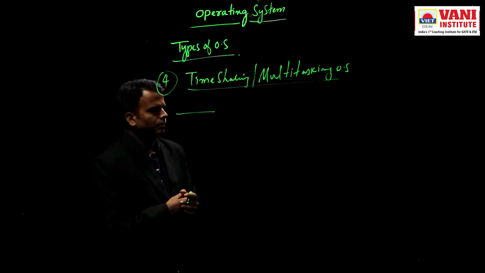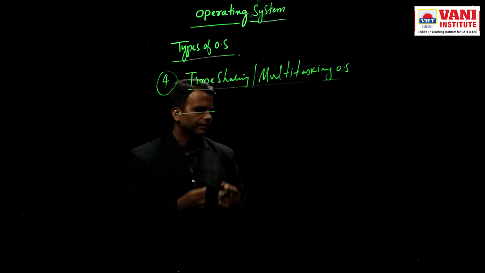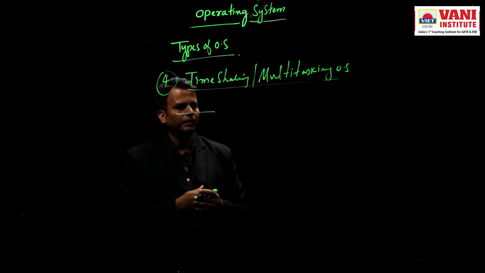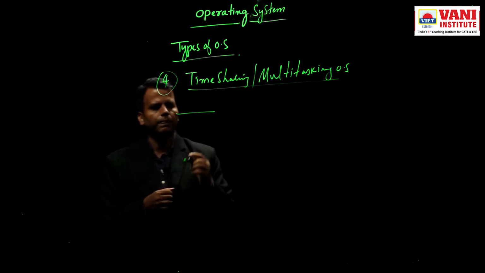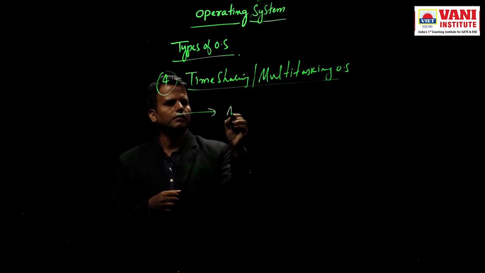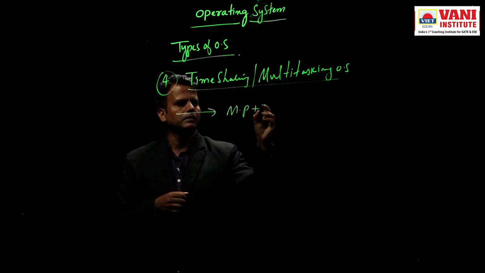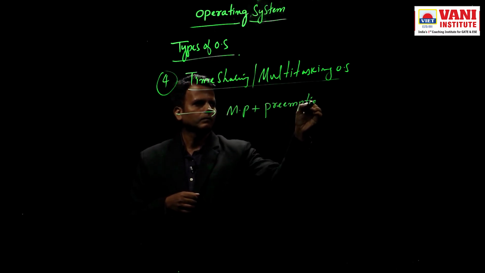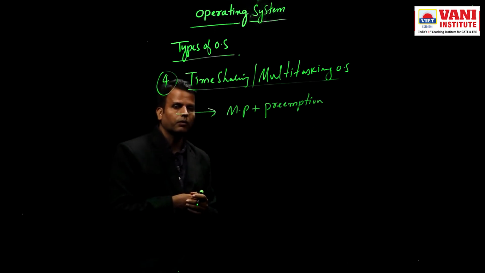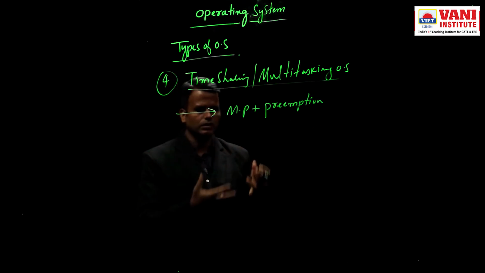The concept is the same, but what is the change in this? The time sharing operating system is an extension of the multi-programming operating system. The first thing, it is multi-programming plus preemption. We will see the meaning of preemption.